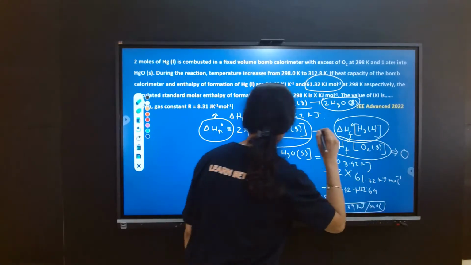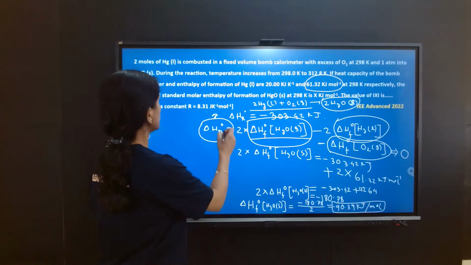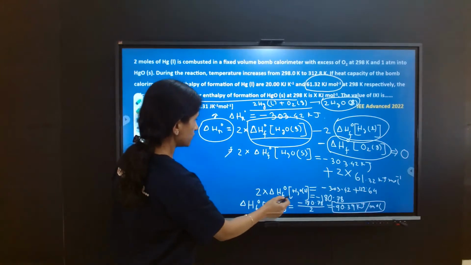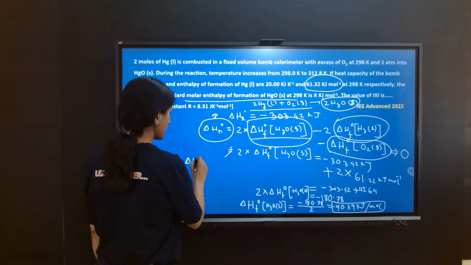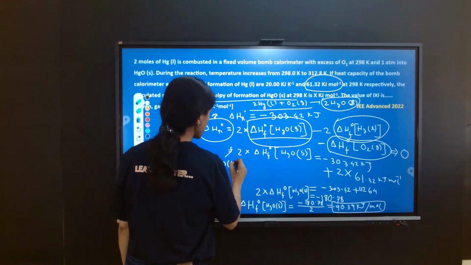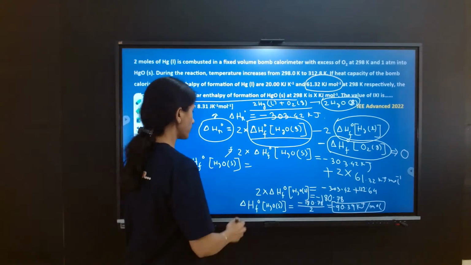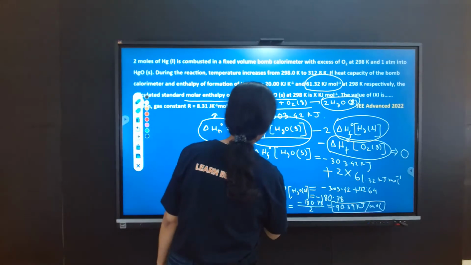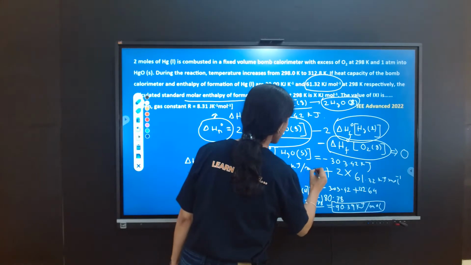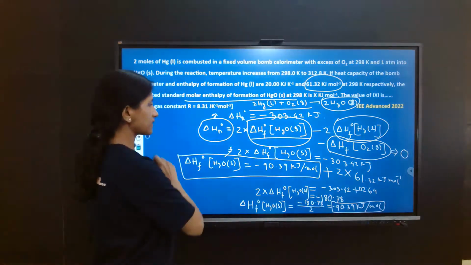And this has been asked to calculate in this problem, right? That is the molar enthalpy of formation of HgO solid. So this is our answer, that delta HF0 HgO solid, that is molar enthalpy or heat of formation of HgO solid, has come out as minus 90.39 kilojoule per mole. So this is what has been asked in this problem.